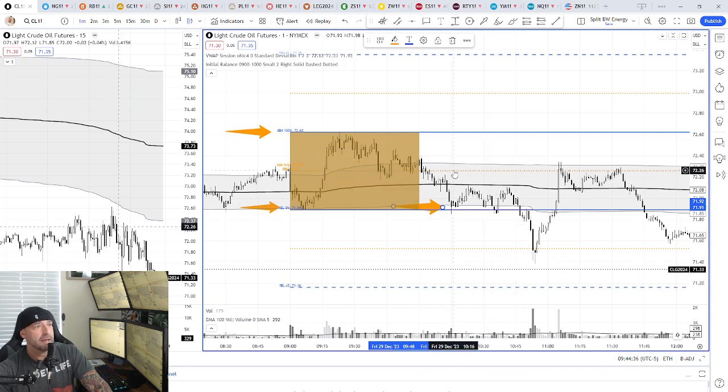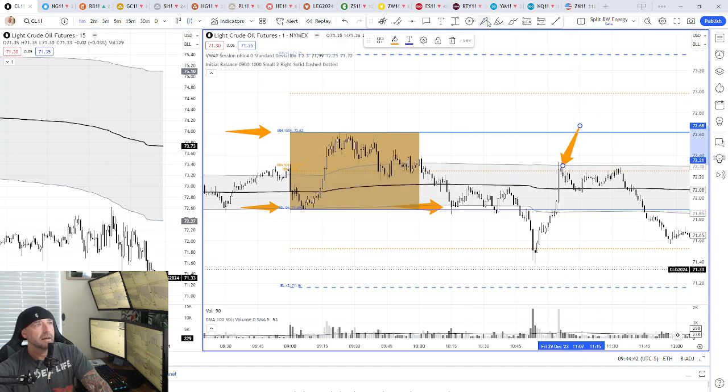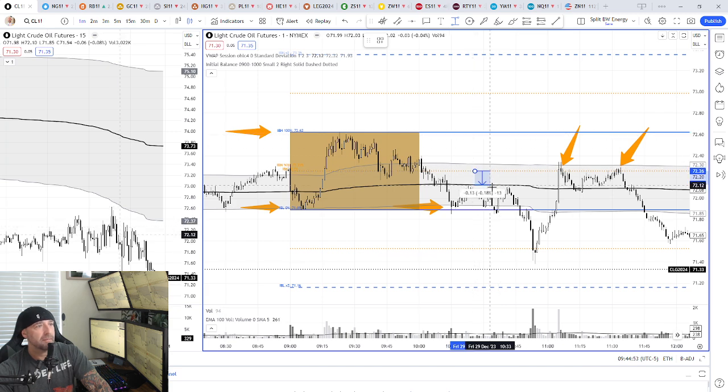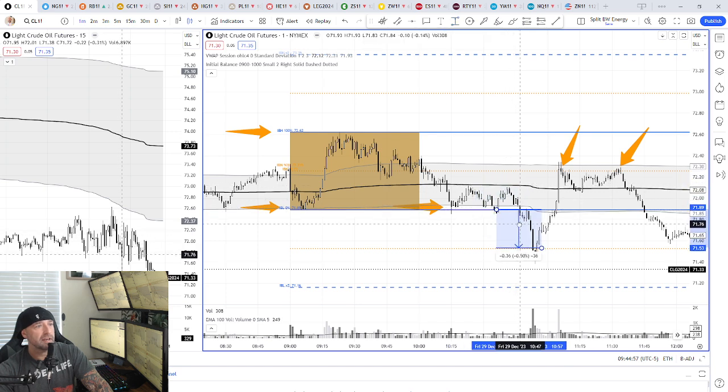This is market mid, so this is the halfway point between IB high and IB low. Also another very important level, as you can see here and here. Okay, what we also have is 50%. So this is half. If I were to take initial balance to initial balance, see this is midpoint, exactly in the middle of it. If I was going to take this and put it at the low of initial balance, we have this 50% mark.